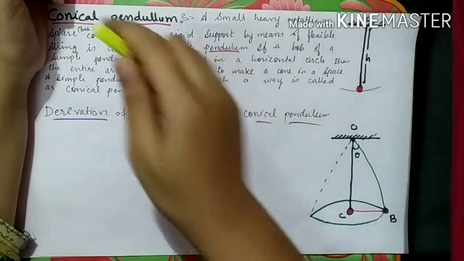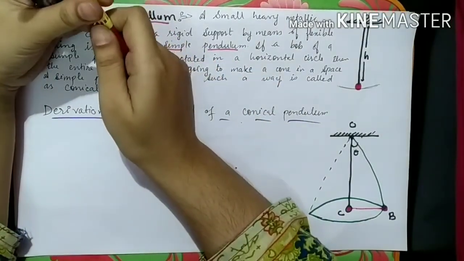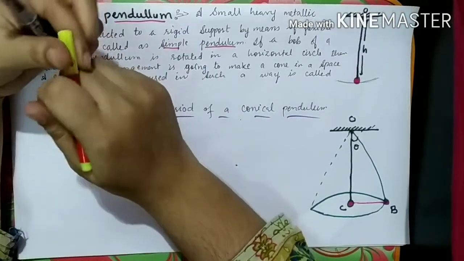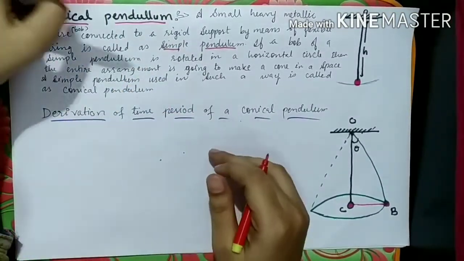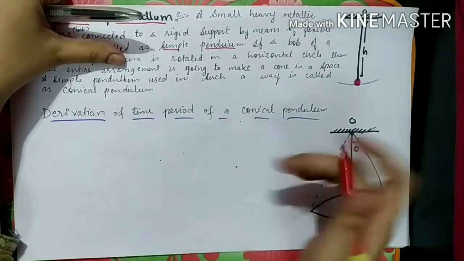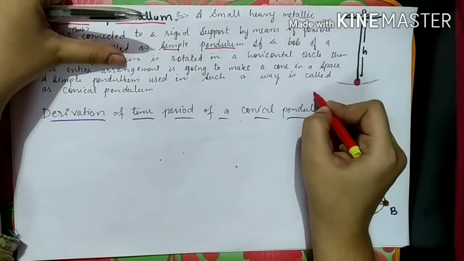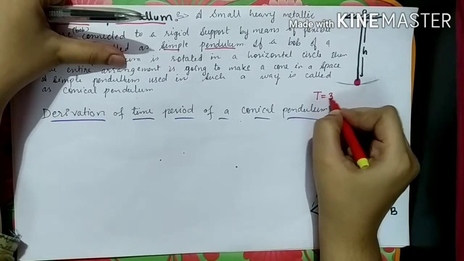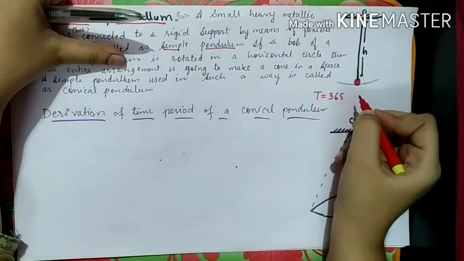You might have seen the revolution of the Earth. You can say it is a periodic motion as it completes one circular motion in 365 days. So I can say that the time period of Earth's revolution is 365 days.